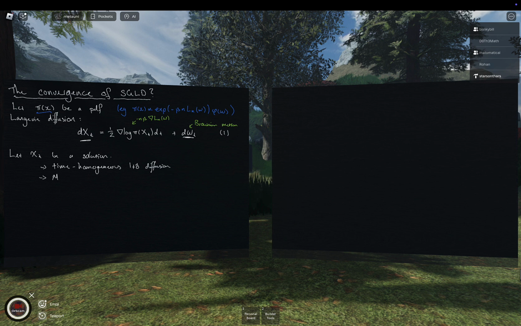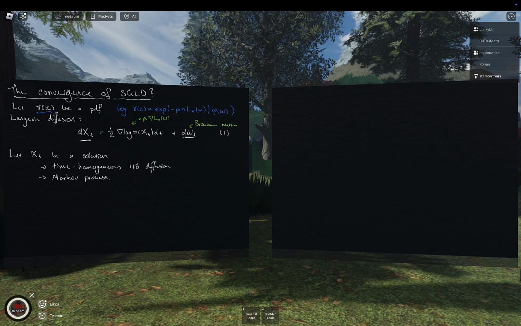In particular, it's a Markov process. And the next couple of results we can kind of state in general for general Markov processes. So I think it's useful to keep it a little bit more general here.